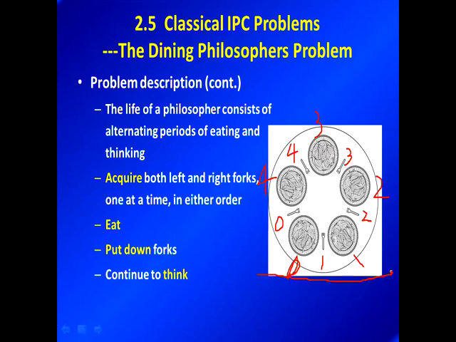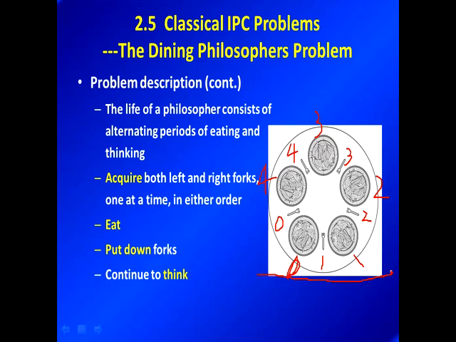Also, obviously, if process 0 wants to eat the spaghetti and fork 0 and fork 1 are right there on the table, then process 0 can just pick up these 2 forks and start eating, right?